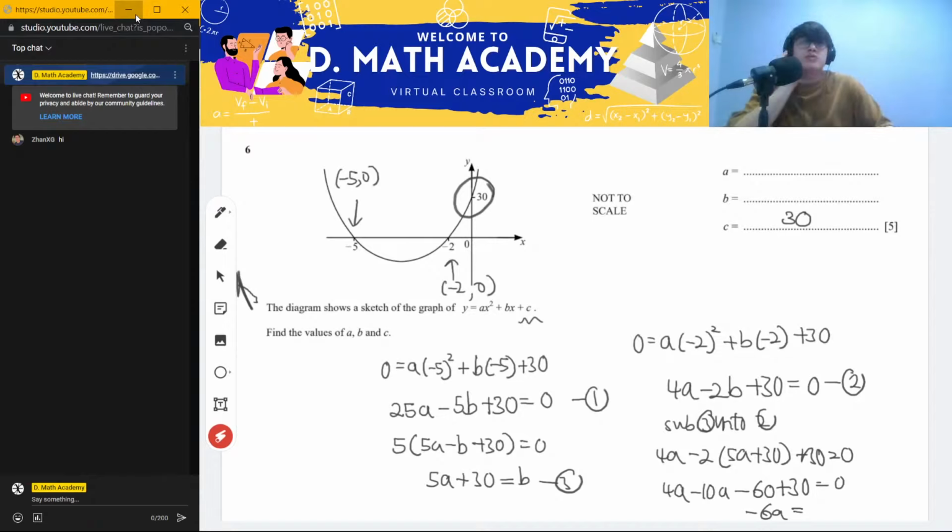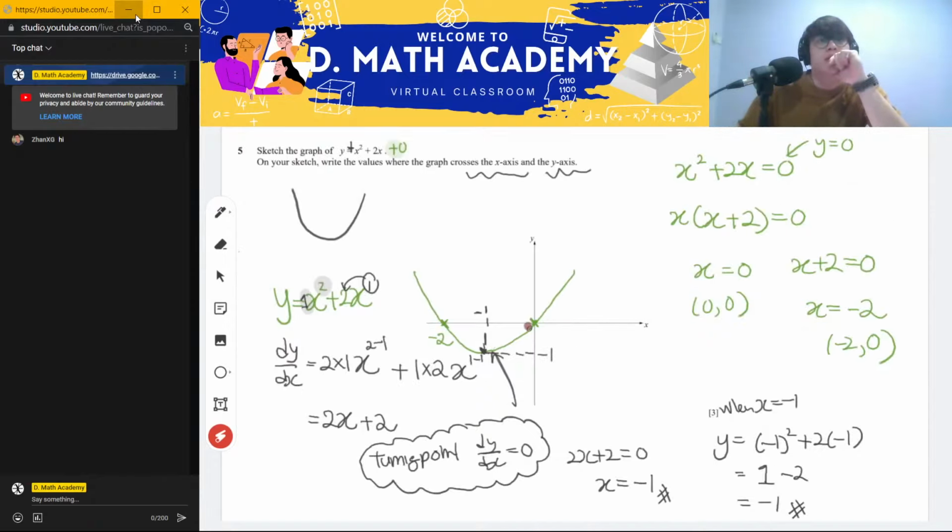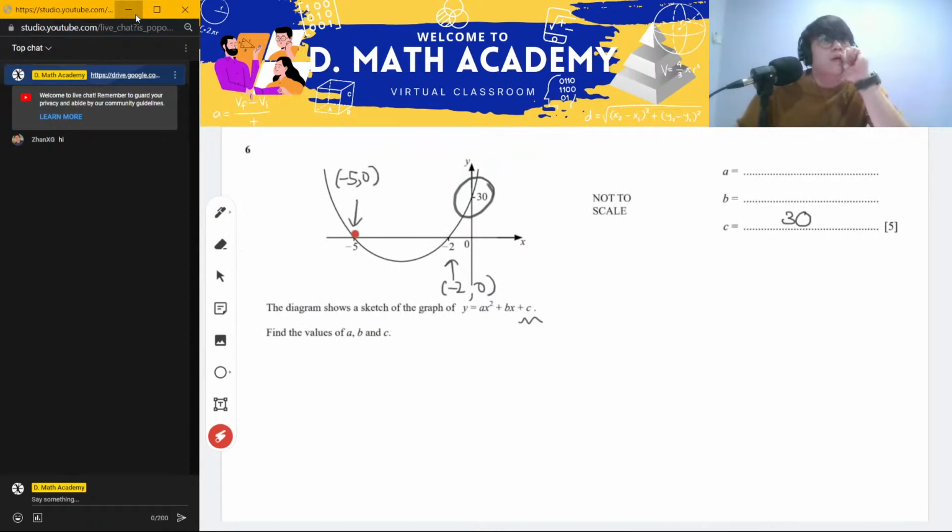Okay, if I were to use the same concept that I used to approach this question, like how I identified the 0 and negative 2, then I should know that these are the roots that I got. I will end up with negative 5 and negative 2. So if I do that, I should know that my factors are x plus 5 and x plus 2.